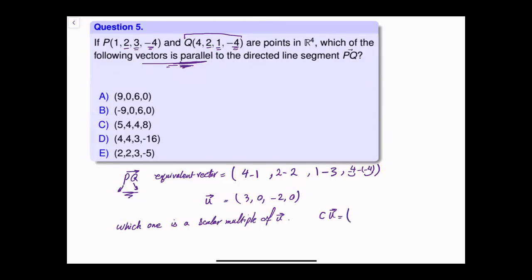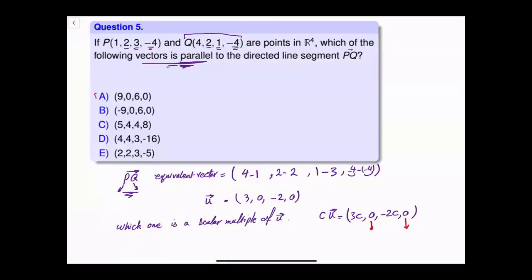Something interesting: if you multiply C by U, you get 3C. C times 0 is 0, -2C, and C times 0 is again 0. So the vector we are looking for is going to have the second component and the fourth component equal to 0.